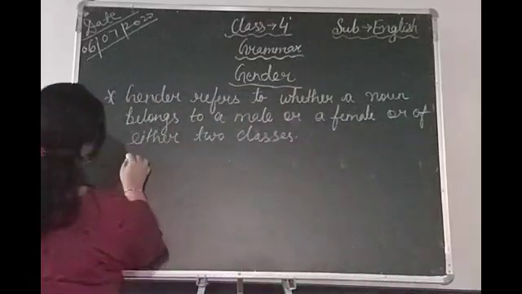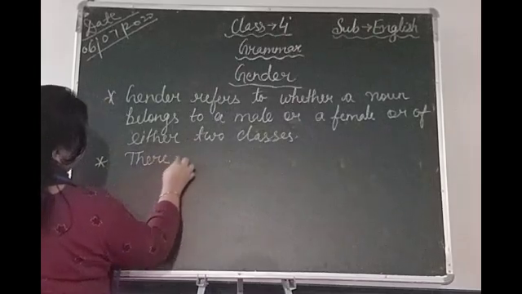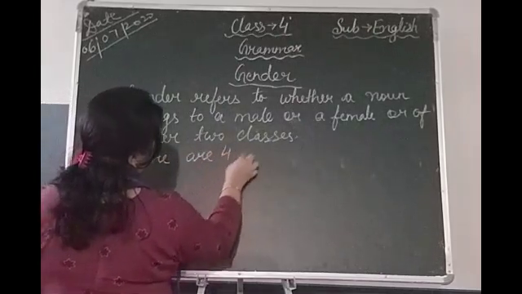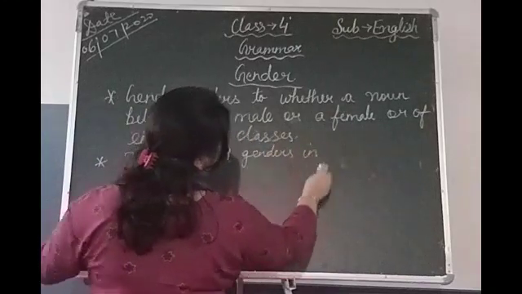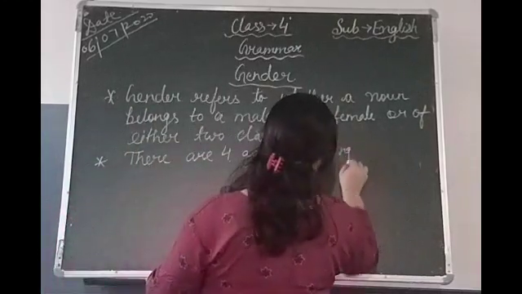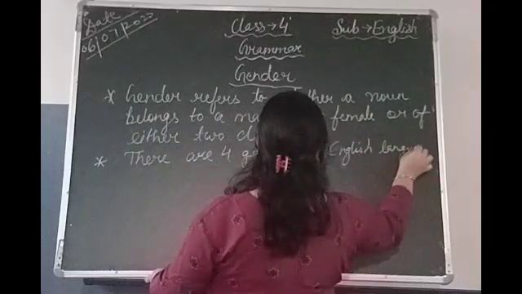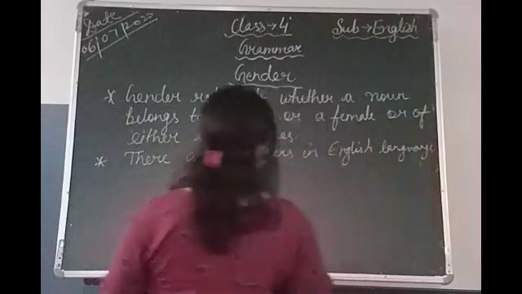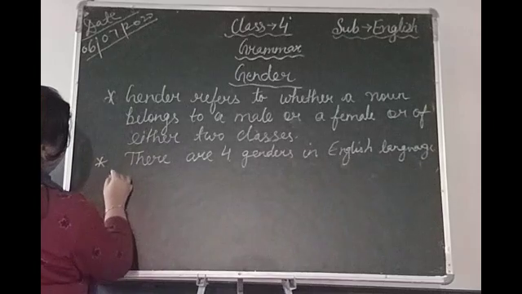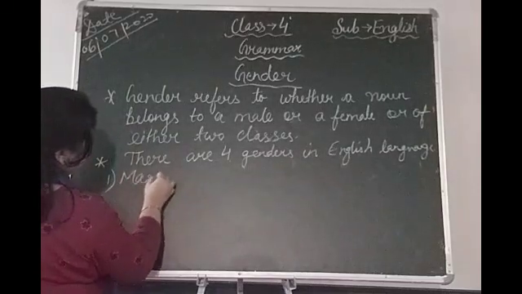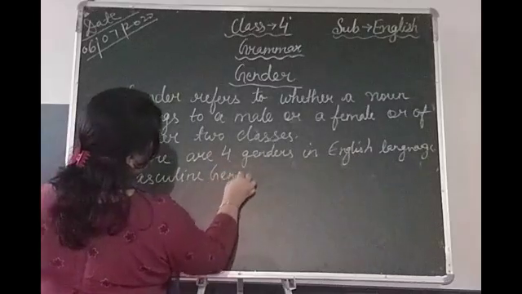See, there are four genders in English language. What are they? First one is masculine gender.